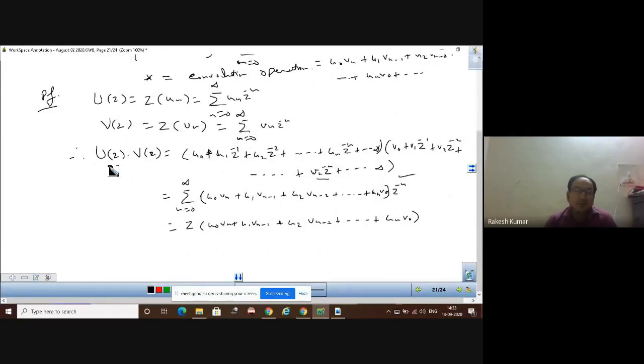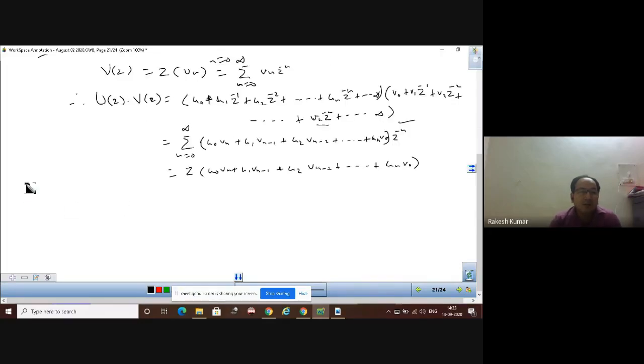As we know, the convolution theorem is helpful for finding the inverse Z transform. So let us use the convolution theorem to find the inverse Z transform of z squared over (z minus a)(z minus b).